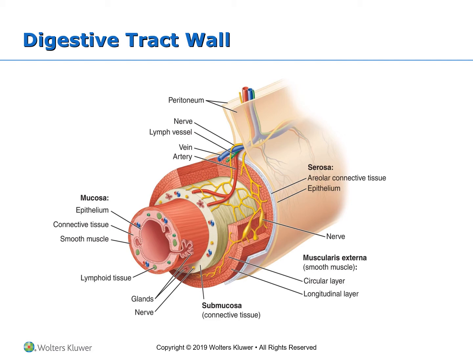The digestive organs will have an outermost layer called a serous membrane, or serosa, which is very, very thin. It's made out of simple squamous epithelium because it's very thin, and it has some areolar or loose connective tissue over it. This membrane actually forms the visceral peritoneum also.